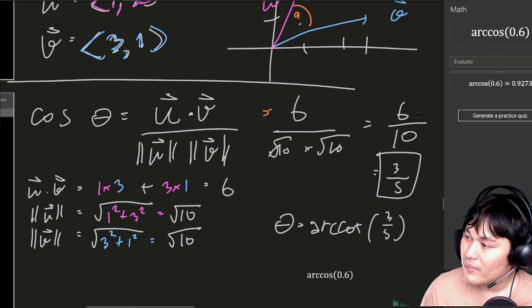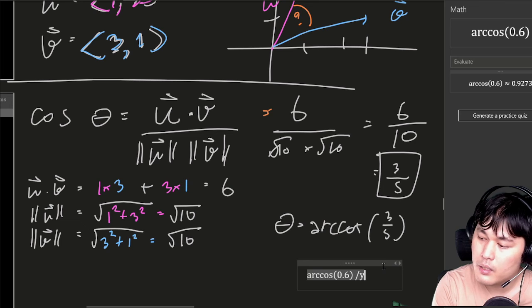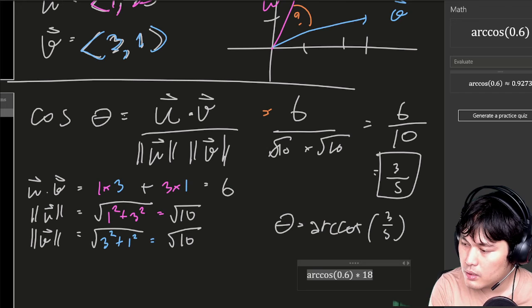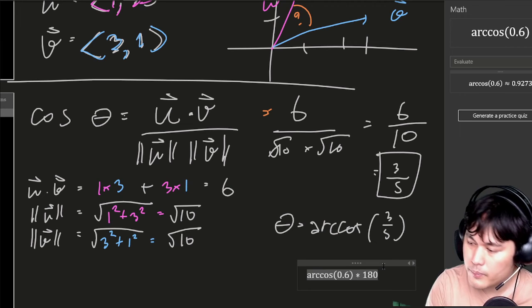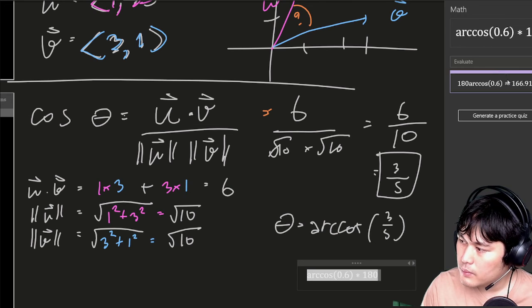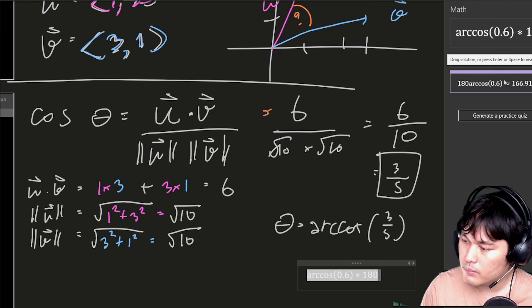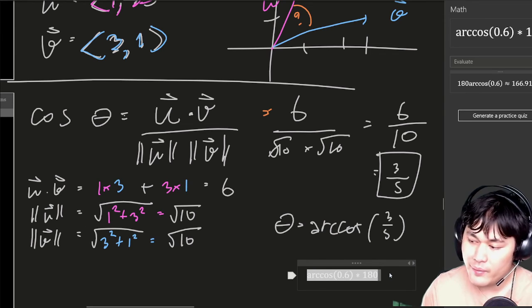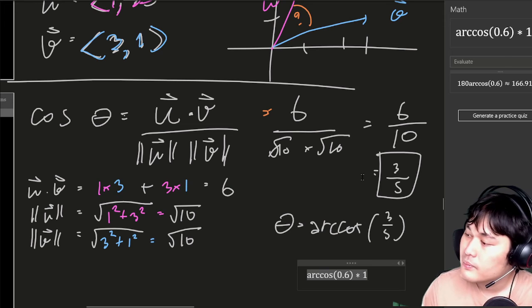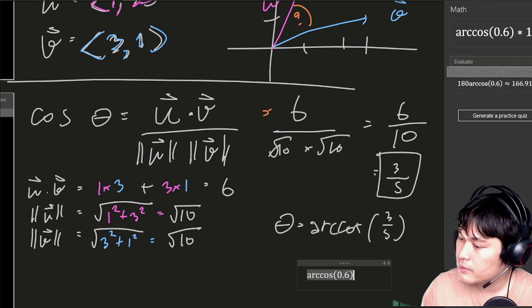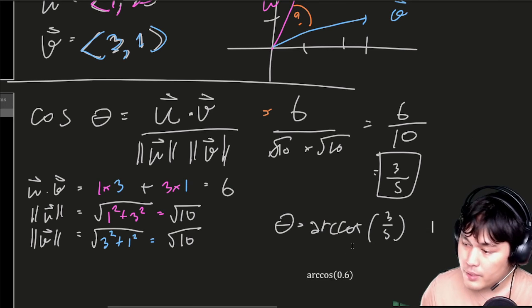Yeah, it's in radians, my bad. So we have to multiply that by 180 over pi. Doesn't seem right either. Anyway, you can find the inverse cosine, but it needs to be in the correct scale.